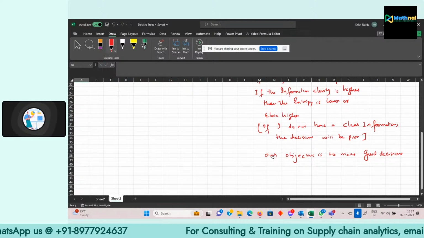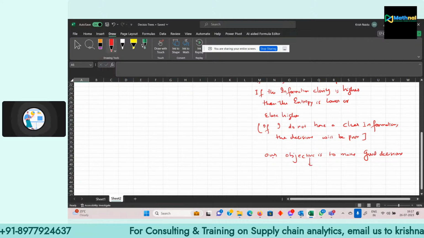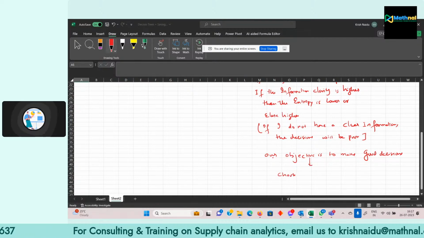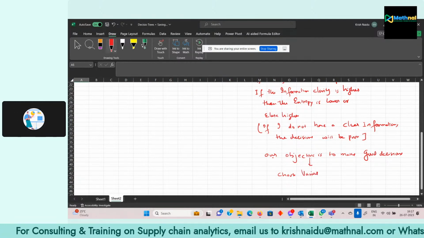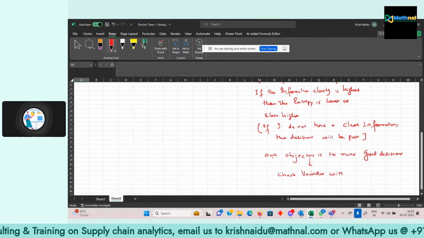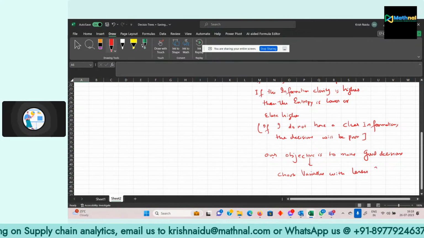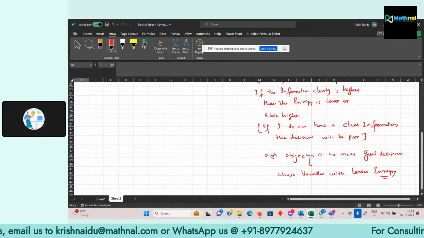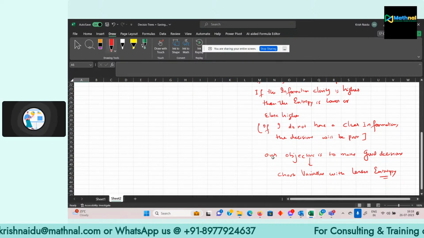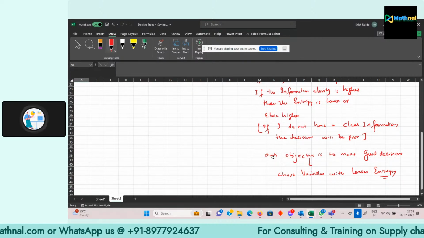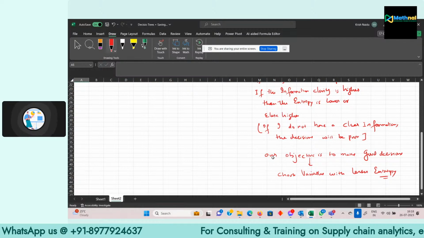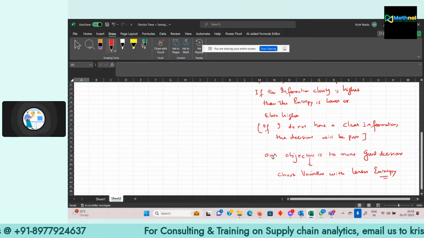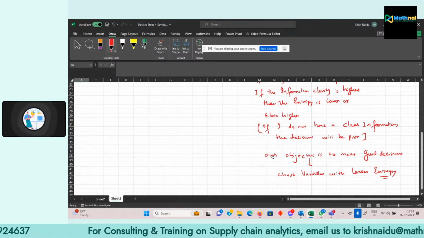So if you want to make good decisions, what do we have to choose? We have to choose variables with lesser entropy, because entropy is a measure of poor information or confused information or noisy information. So we have to choose variables first which give us lesser entropy.